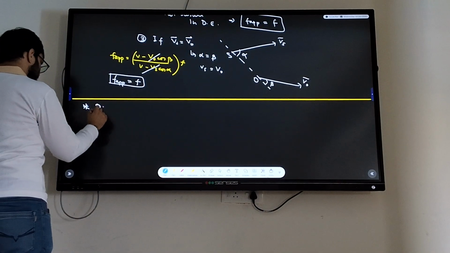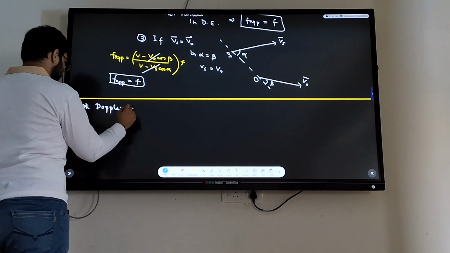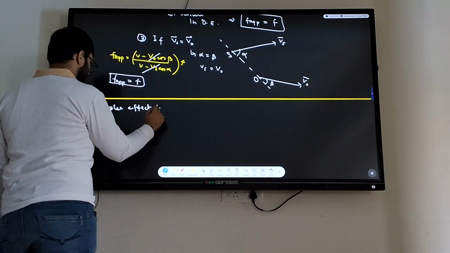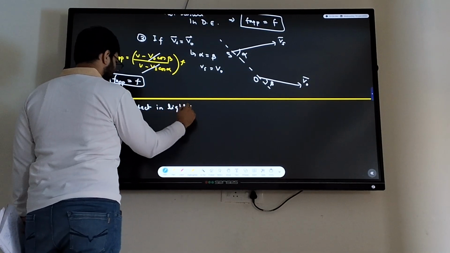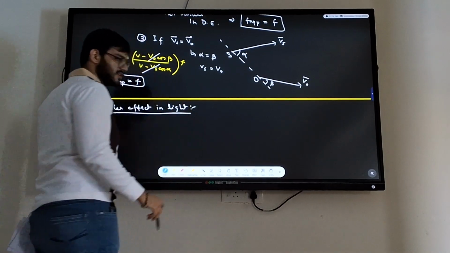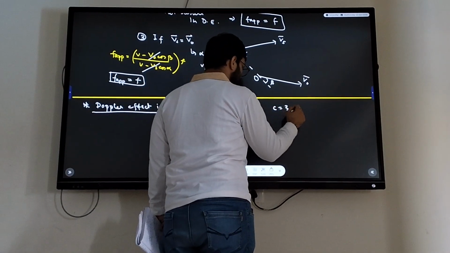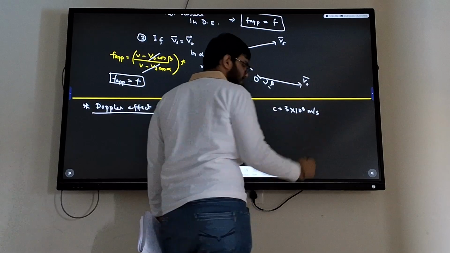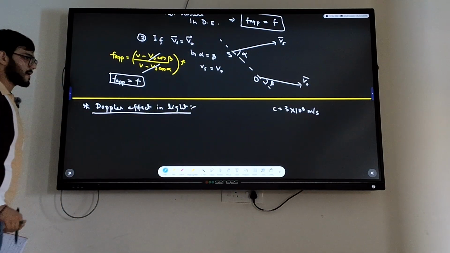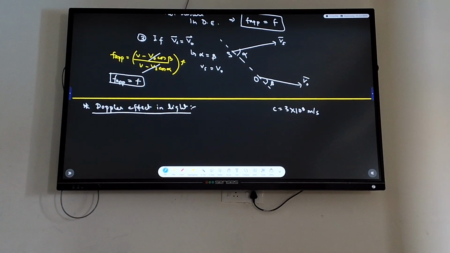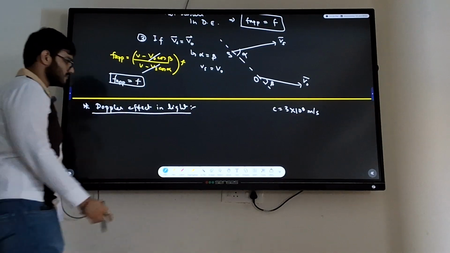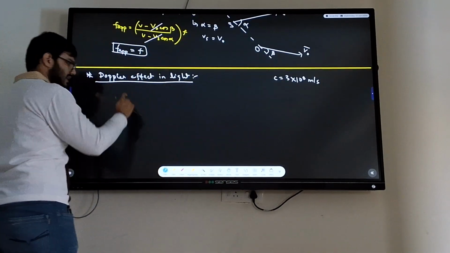So, Doppler effect in light. Okay, I will use this symbol C. Do you know the C? What does it mean? 3 into 10 power 8 meter per second, no? Speed of light. Good. So leave two lines here.